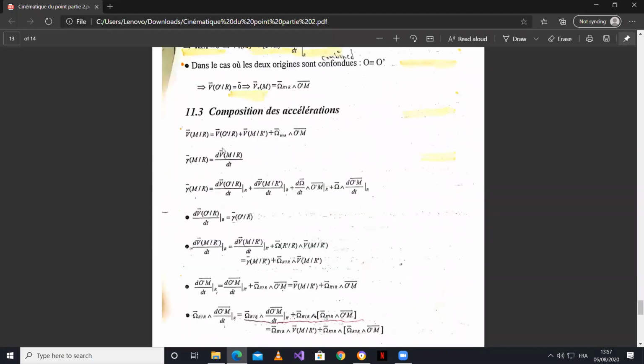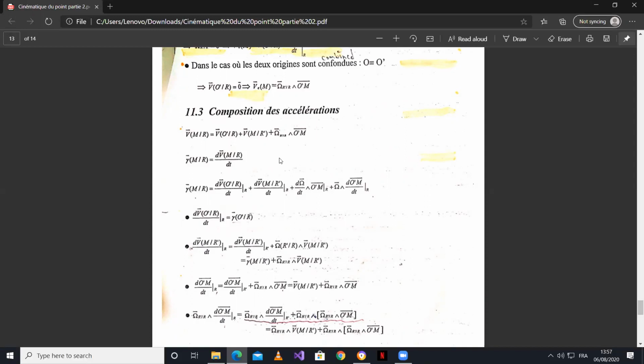So we found our vitesse absolue, or vitesse du point M dans R, being equal to vitesse du point O prime par rapport à R plus vitesse du point M dans R prime plus oméga de R prime par rapport à R vectoriel O prime M. We found this.